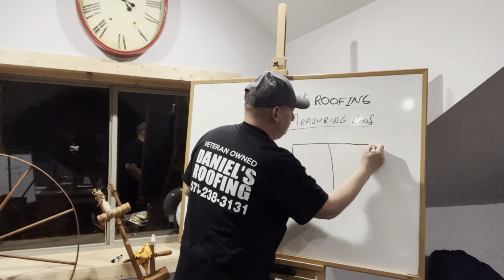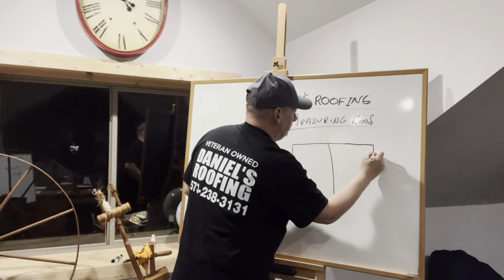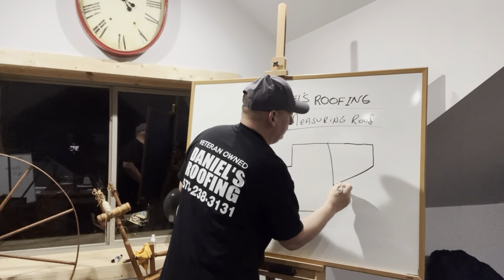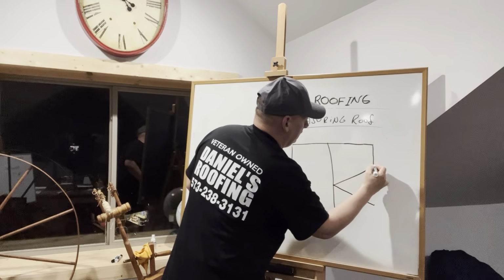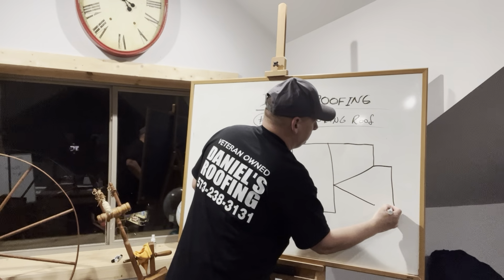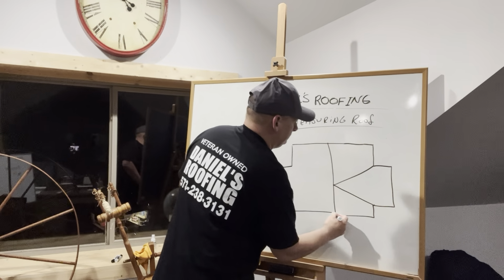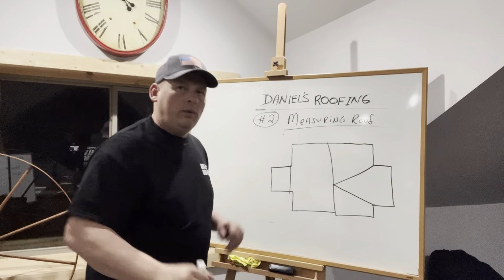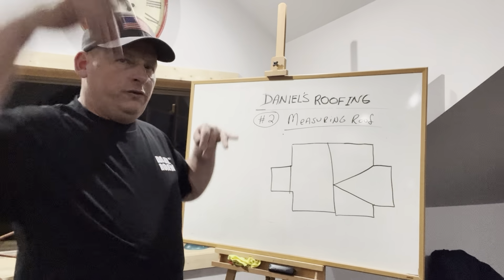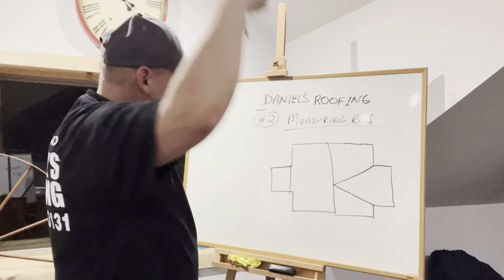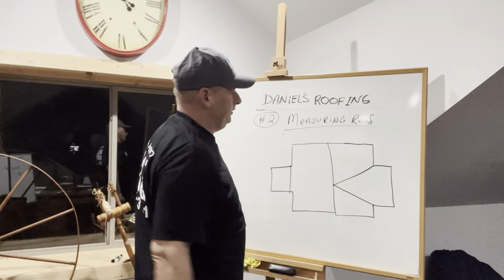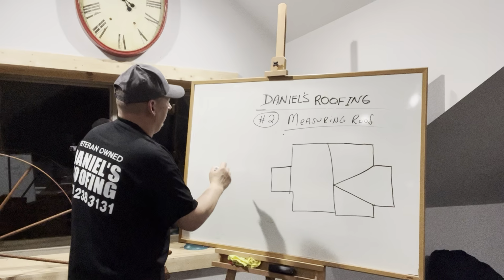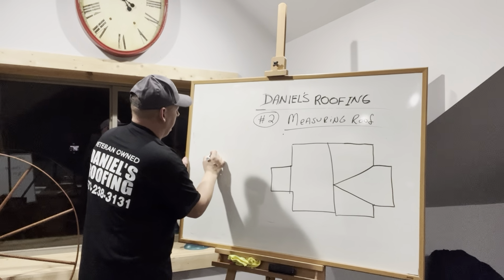And then a little section comes out here. So when you're looking at this roof from an eagle's view, looking down, this is what you're seeing. Now, in reality, what you're also seeing is this.